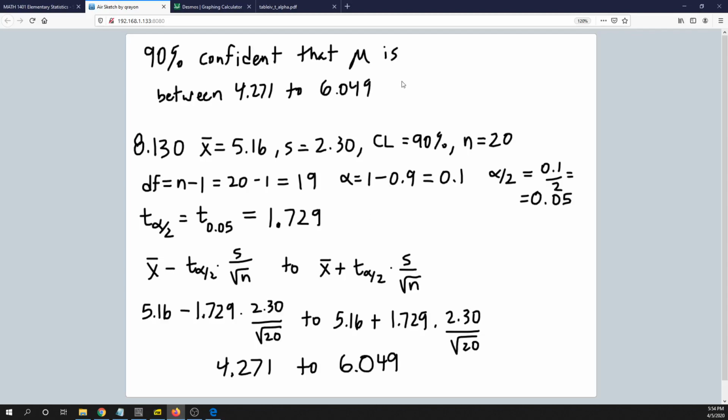And the population mean that we are talking about in this problem is the mean amount of time spent per day with digital media.